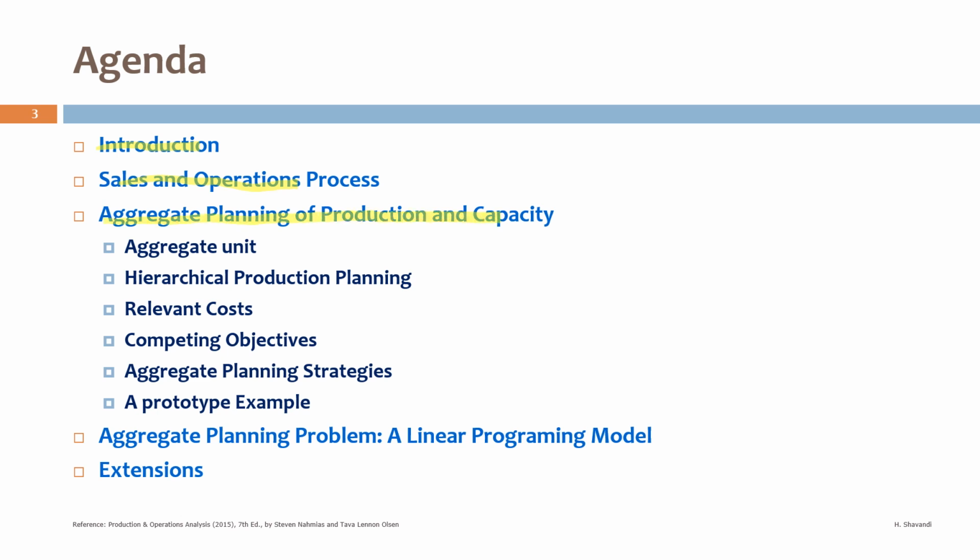So at first we'll have the definition of aggregate unit, and then we'll see what's the hierarchical production planning, and then we will review the relevant costs in aggregate planning of production and capacity, and then we'll see what are the competing objectives and what are the strategies for aggregate planning, and at the end we'll have a prototype example.